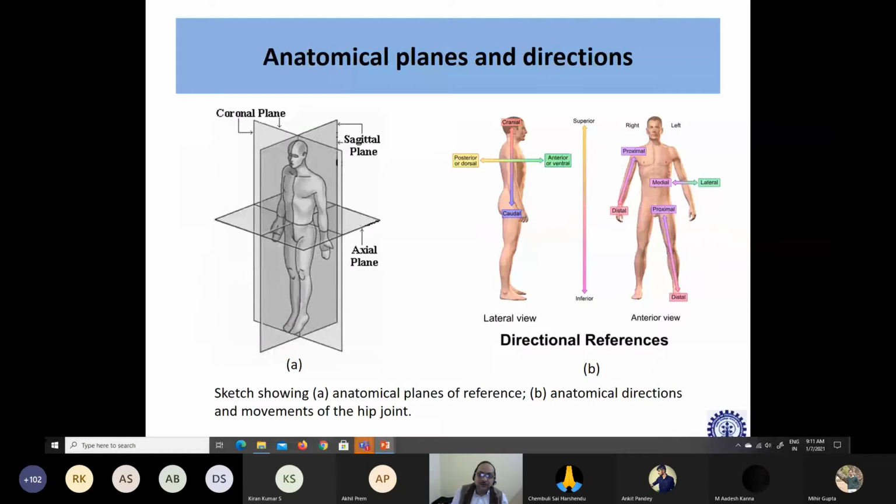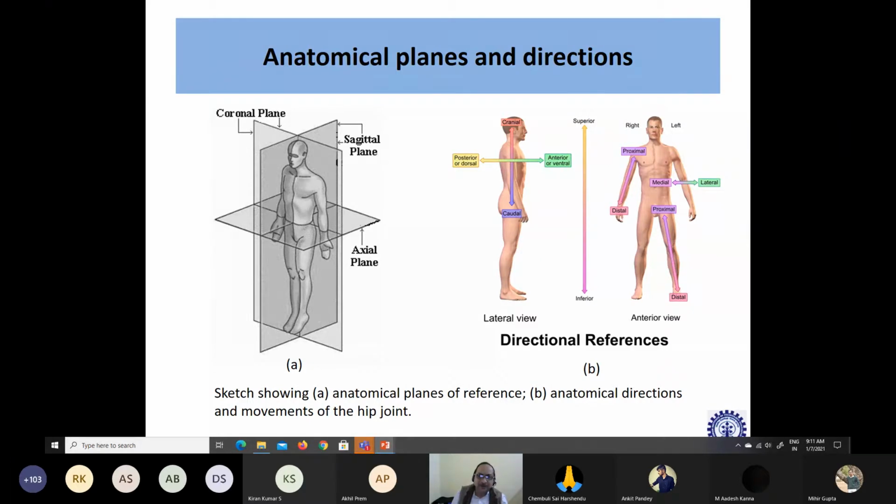Now, in order to study the subject biomechanics, we need to refer to anatomical planes and directions, similar to engineering drawing that we have learned at the first year level. So very basic things: how do we define different planes and directions?